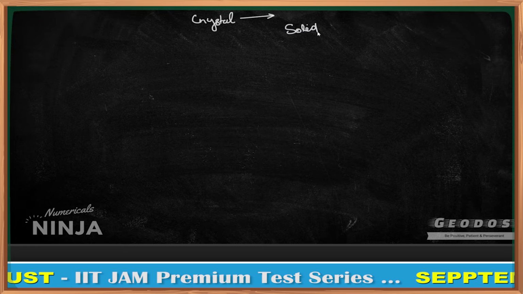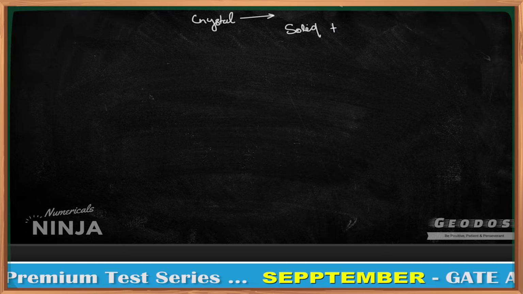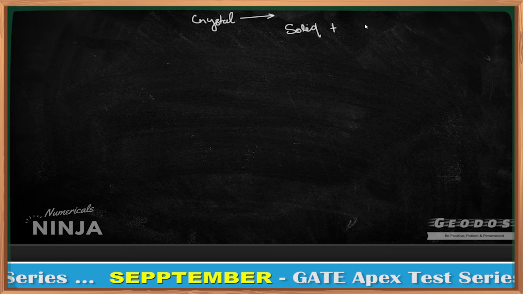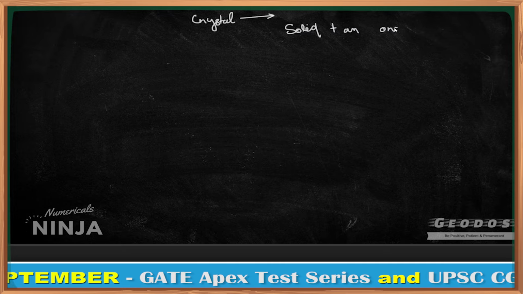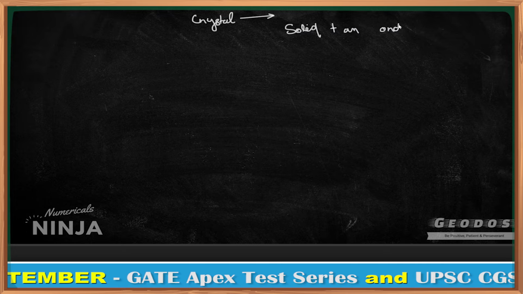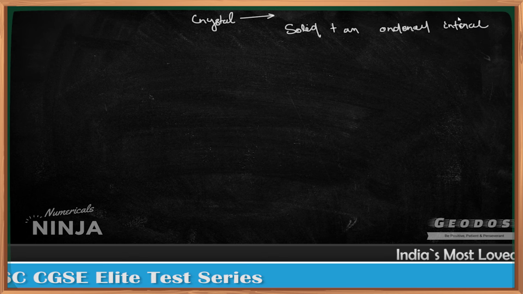So what is a crystal? There are 2 to 3 things you have to mention. One thing is that it should be a solid, and it should have an ordered internal atomic arrangement.